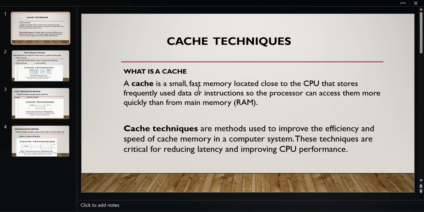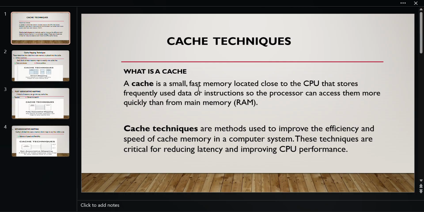Cache techniques are methods used to improve the efficiency and the speed of a cache memory in the computer.